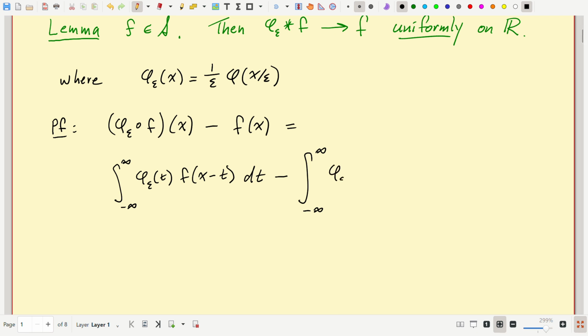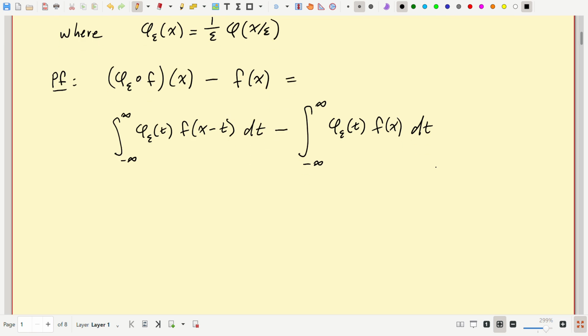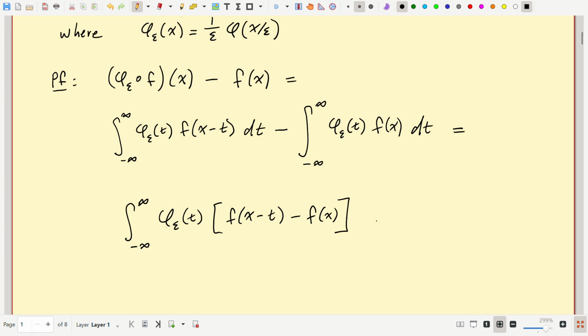If I stick an f of x inside this integral, the integral of the bump function is 1, and I can pull the f of x out front and get f of x times 1. That's the key to this thing. Then this can be written as an integral from minus infinity to infinity of phi epsilon of t times f of x minus t minus f of x, dt.